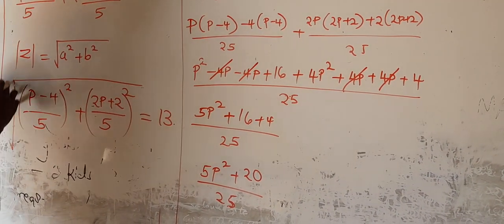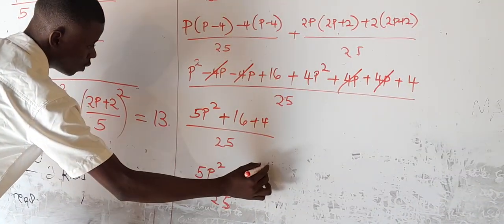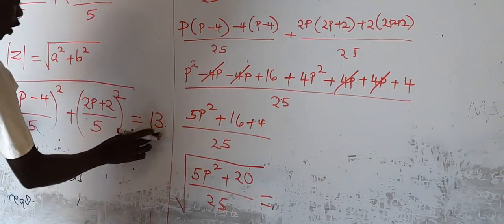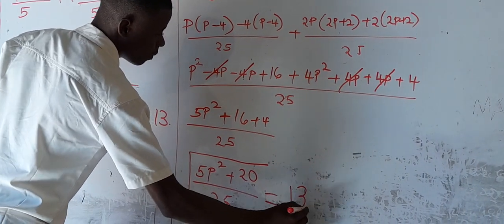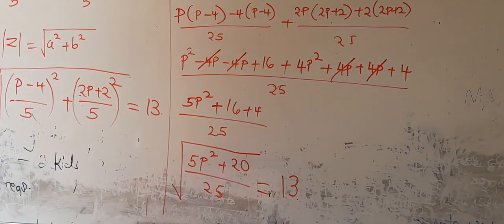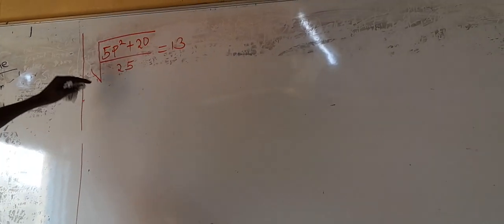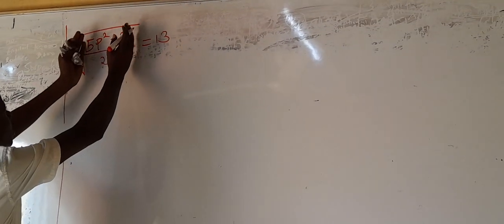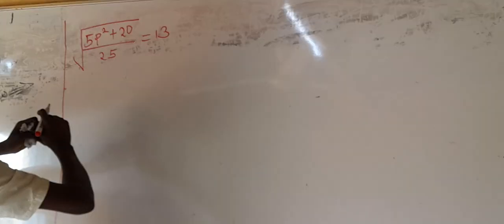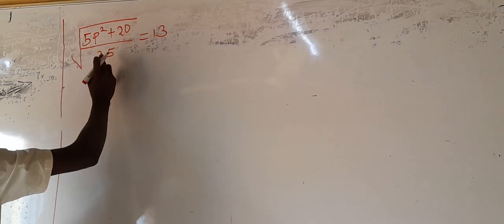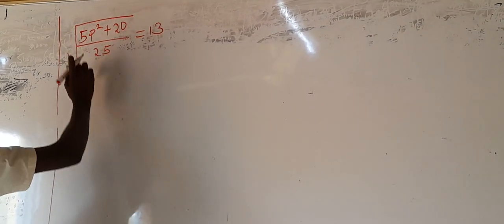So now when we introduce this square root, we can equate it to 13. Now here, we can simplify what is inside the square root sign first. This one can be divided by 5, by 5, by 5. So let us simplify them.